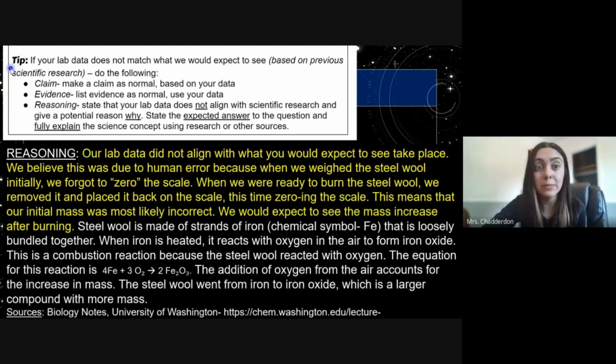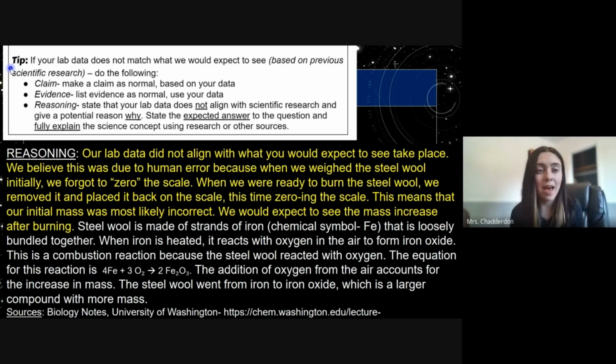So if your lab data does not match what we would expect to see based on previous scientific research, you'll do the following. Your claim. You're going to make your claim as normal based on your data. Okay, so if my data shows a decrease in mass, I'm going to make my claim: mass decreased.